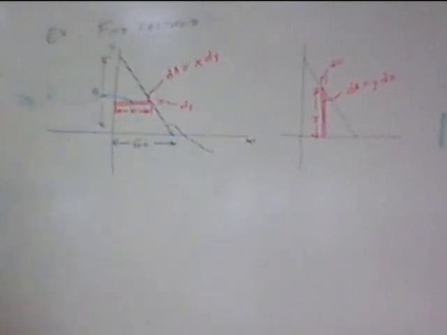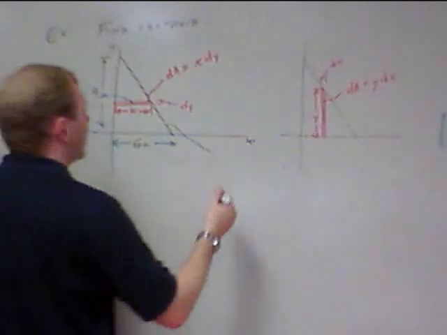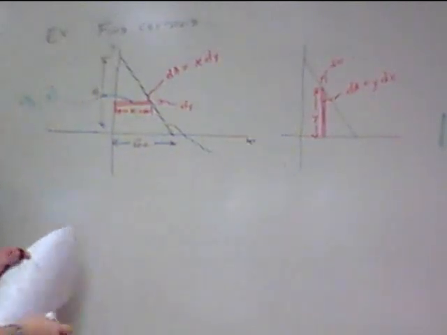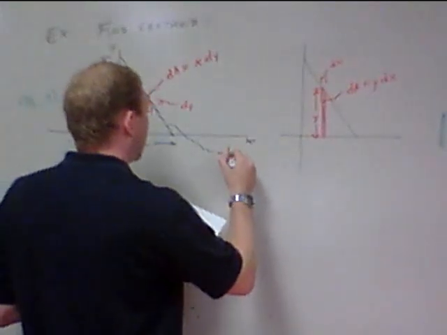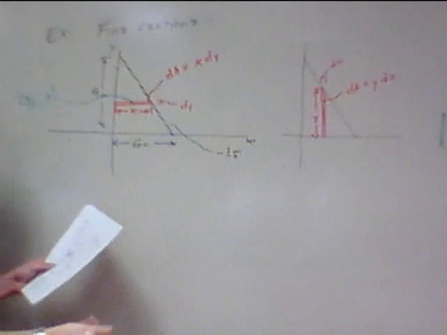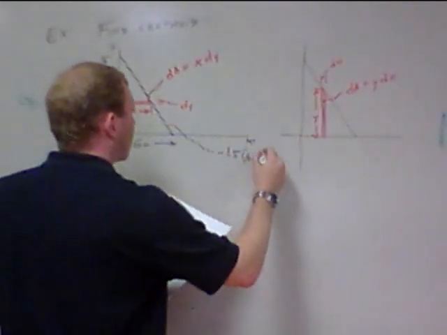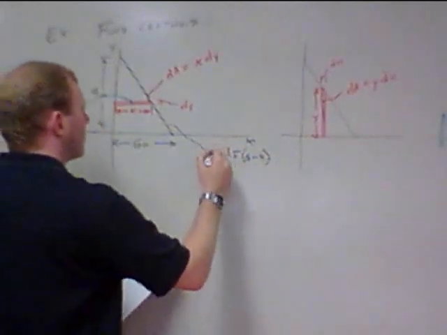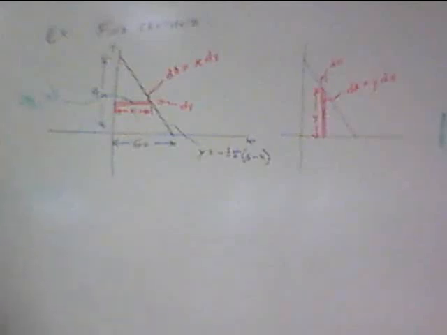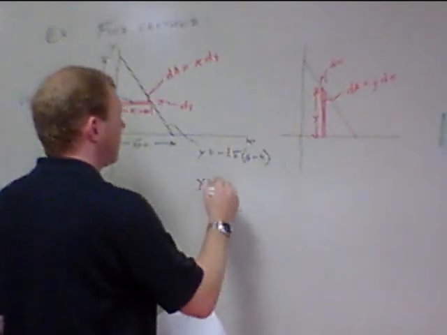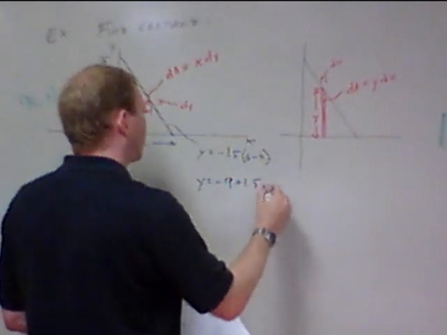This line ends up being, okay, the slope, rise over run, is going to be negative 9 over 6, negative 1.5, times 6 minus x. Okay, so this is y equals, and if you want to multiply that through, we can go y equals 1.5 times 6, which is 9, minus 1.5x.